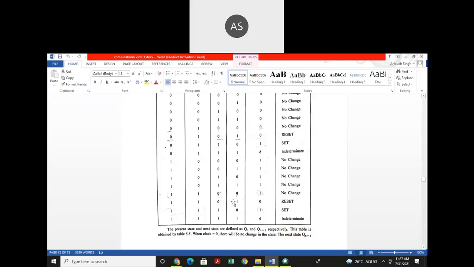When S is 0, R is 1, next state will be in reset state. And when S is 1, R is 0, next state will be set state, meaning 1 state. And when both input terminals are 1 1, then next state will be an indeterminate state or forbidden state.